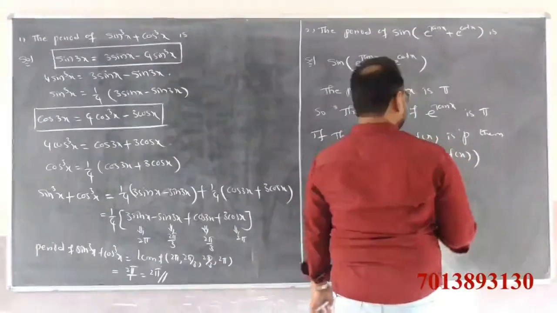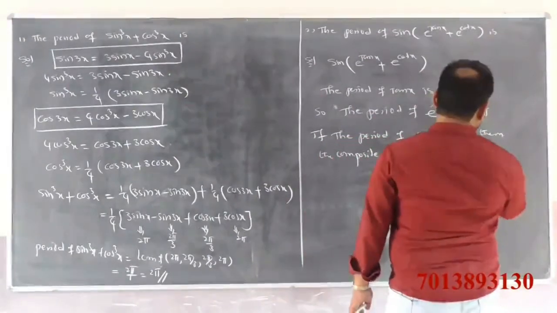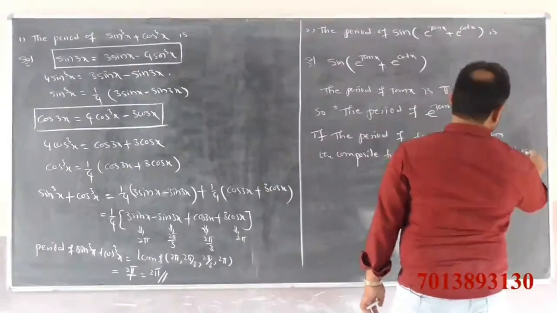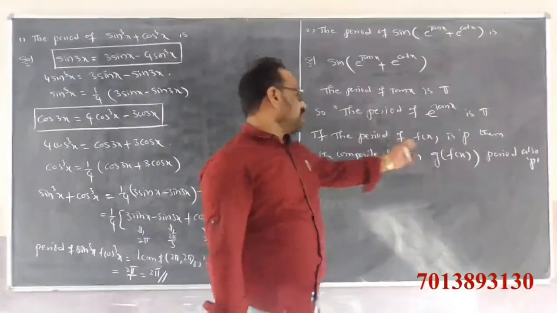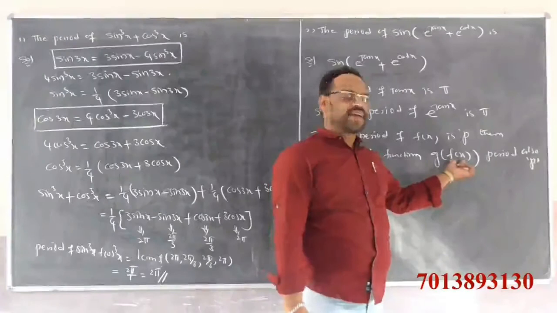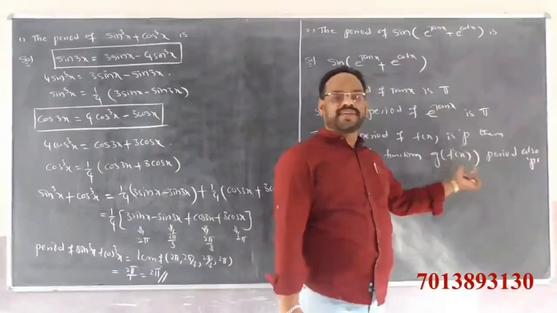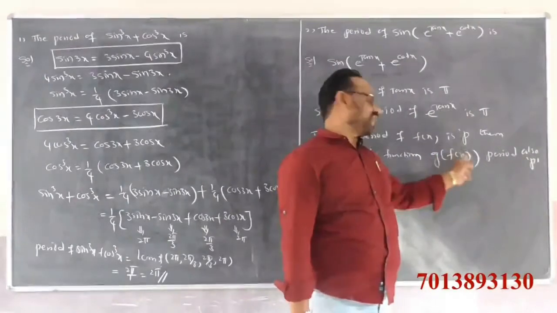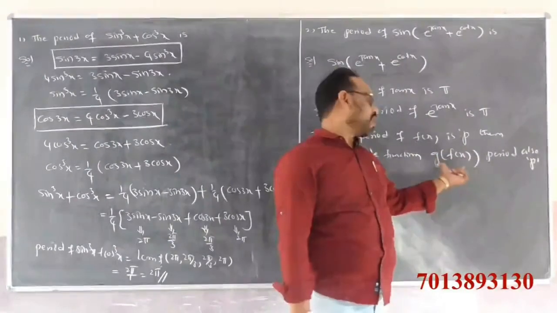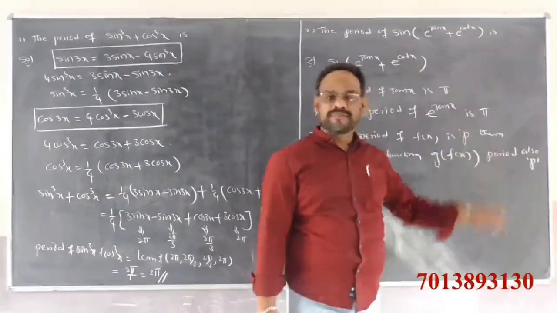The composite function g of f of x, its period is also p. If the period of f of x is p, then the composite function g of f of x is also period p.